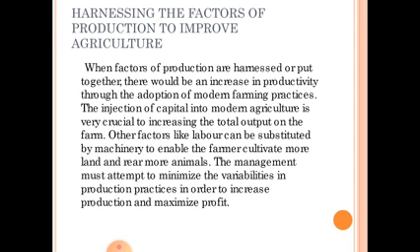Other factors like labor can be substituted by machinery to enable the farmer to cultivate more land and rear more animals. The management must attempt to minimize the variabilities in production practices in order to increase production and maximize profit.